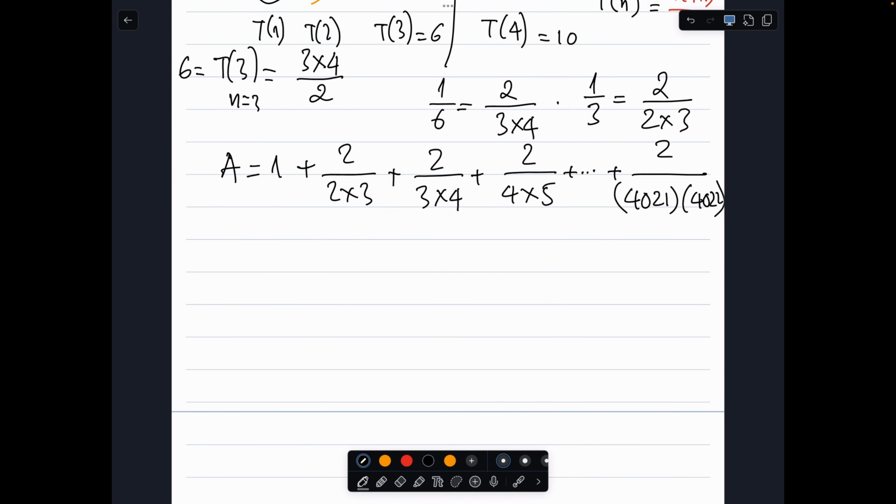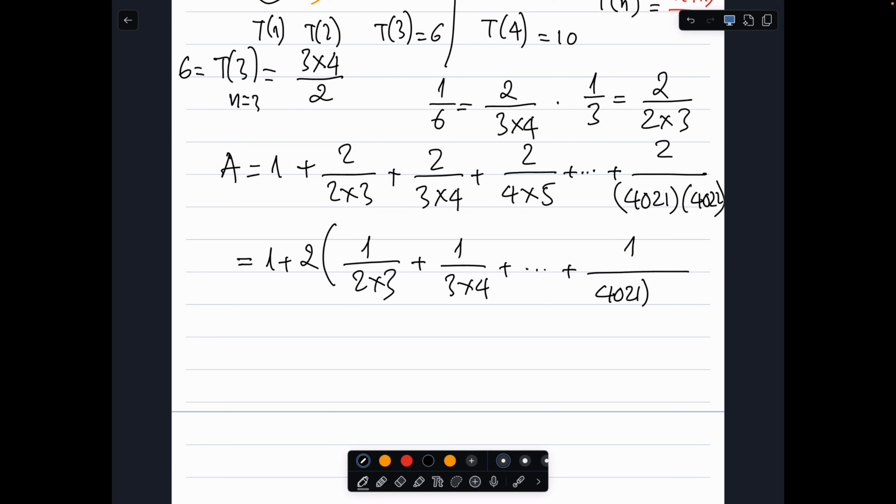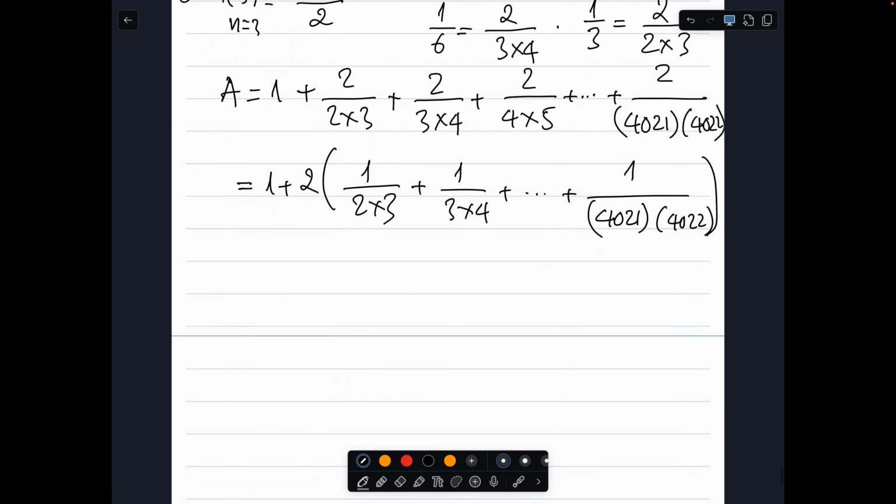And then what can we do? We put 2 out. Okay, we put 2 out, factor it out. Right. 2 times 3, 3 times 4, and so on, and I can put the times. Sorry about that. It's no problem.